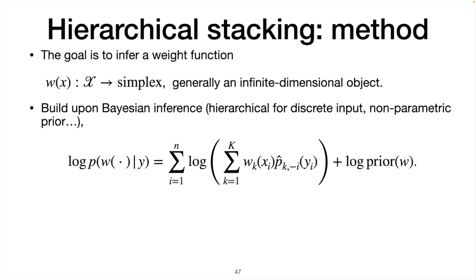In Bayesian nonparametrics, it's easy to make inference on a function. You just equip W with some prior, for example a Gaussian process prior, and this is a likelihood which is constructed using the leave-one-out predictive density, and you combine them using this weight, which is a function of X.